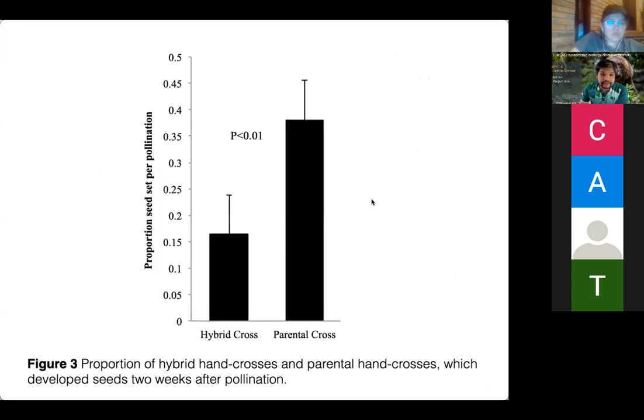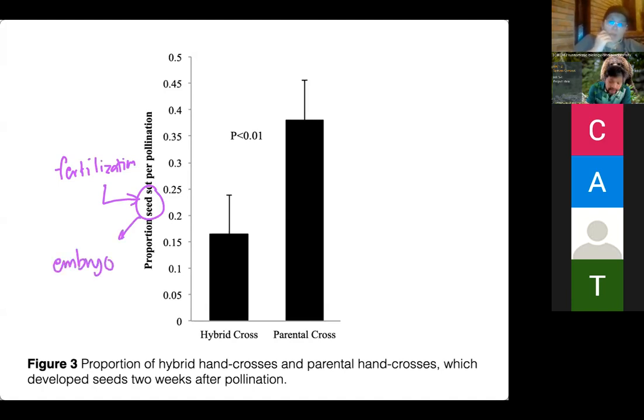And this one is the proportion of seed. So in case your plant biology is not the strongest game, the seed is the product of fertilization, right? The fertilization had to happen first to produce a seed. So the seed is the embryo of the plant. So this happened when the zygote already formed.